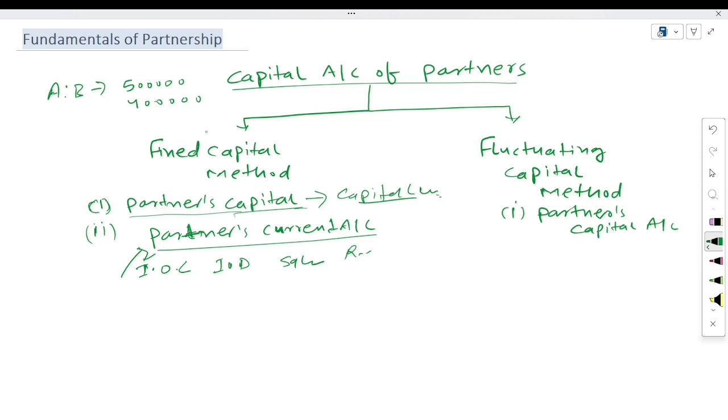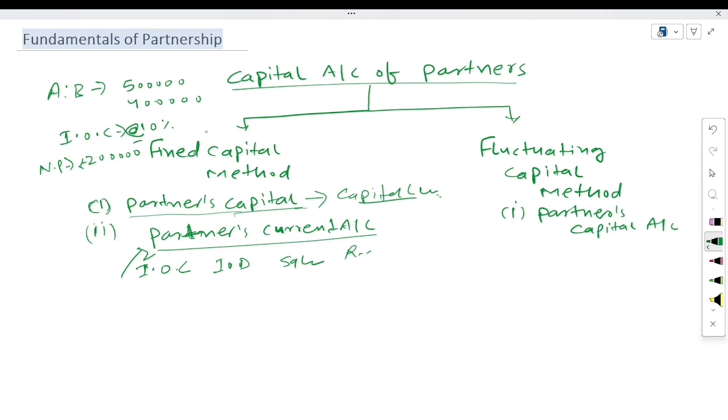Here in the question it is mentioned that interest on capital will be provided at the rate of 10% per annum. And the net profit of the firm, suppose, is given as rupees 2 lakh.